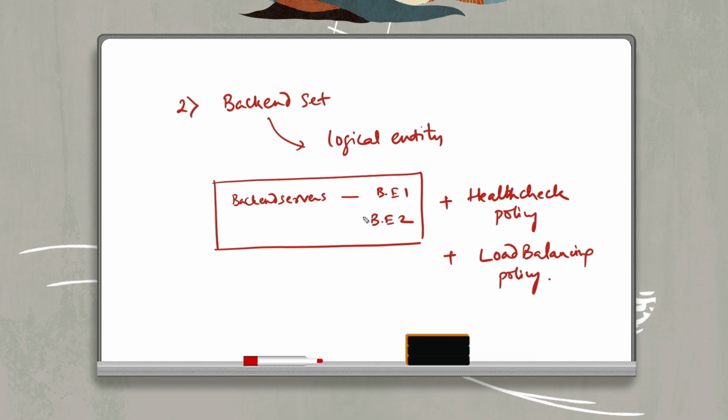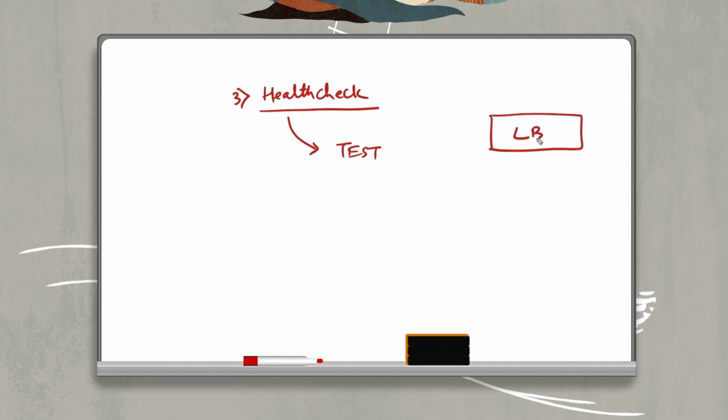Now let's talk about health check policy. The third construct is health check policy. Now what is this health check policy? This is simply a test. And what's the test all about? As I mentioned, we have the load balancer, we have the incoming request, then the load balancer is going to distribute it to different backends.